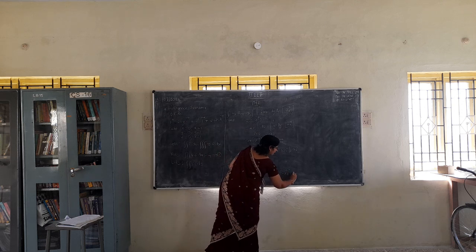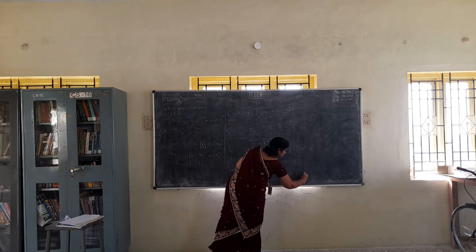So the value will be x into minus ax vector.